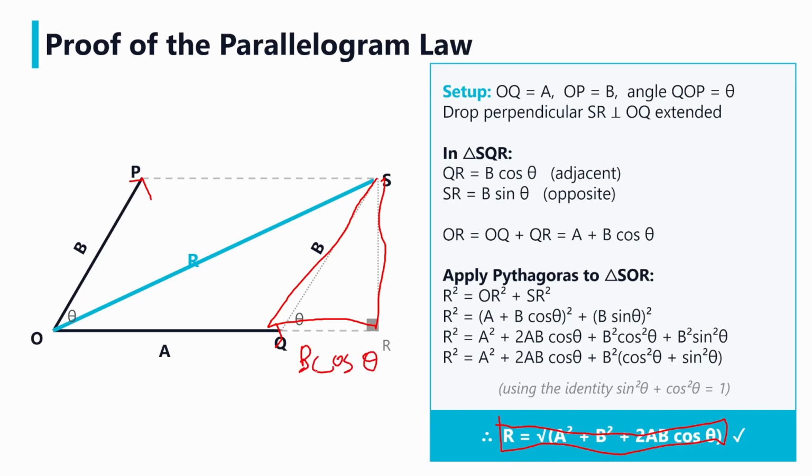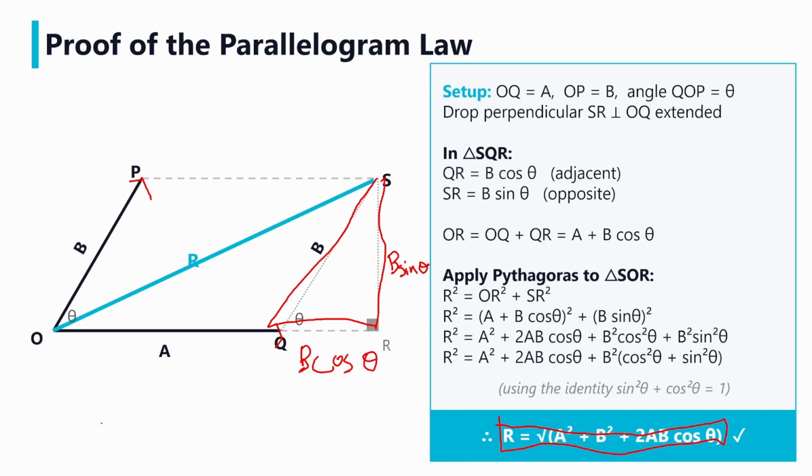How we got this, that's what we're going to discuss next, but just take it at face value for now. And this is B sine theta, right? So as you can see, O to R is A plus B cos theta, right? Because this is length of A, this is B cos theta. So O to R takes the sum of both of these.